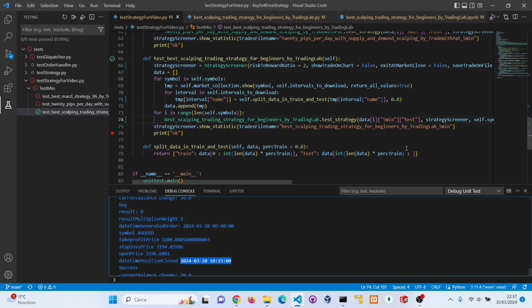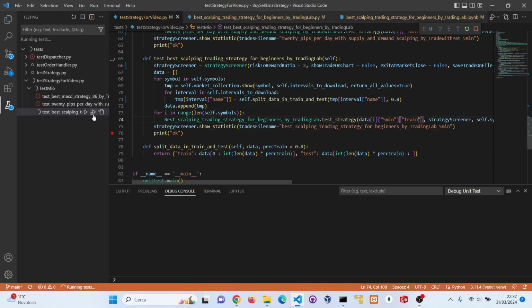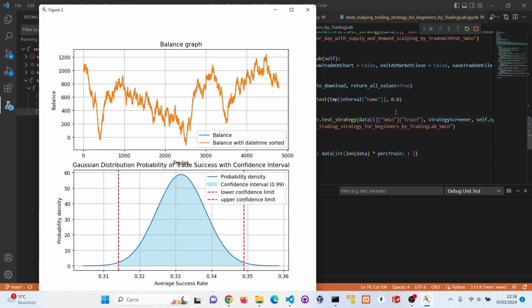Next, let's see how this strategy performs with the basic conditions on the 5-minute time frame and on gold. So let's run the strategy and let's wait. So let's take a look at the results.